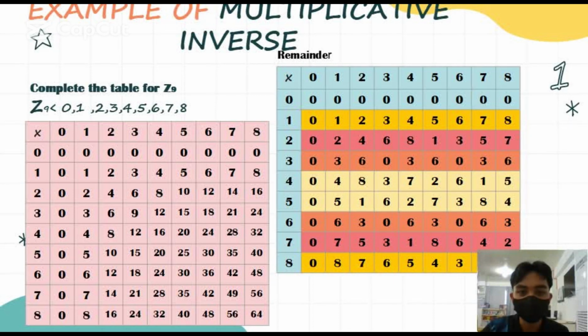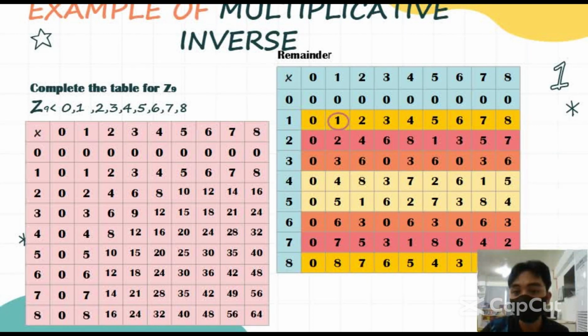So diri sa kaduha, sa 2. So 2 times 1 is equal to 2 and 2 mod 9 is equal to 2. The same lang na siya diri nga part. Diri nausab na siya, nausab na ang iyahang value. It's because when we multiply 2 times 5 is equal to 10 and we know that 10 mod 9 we have the remainder 1.